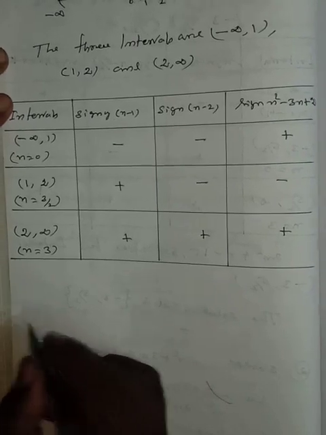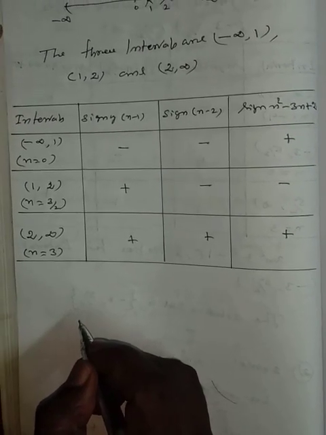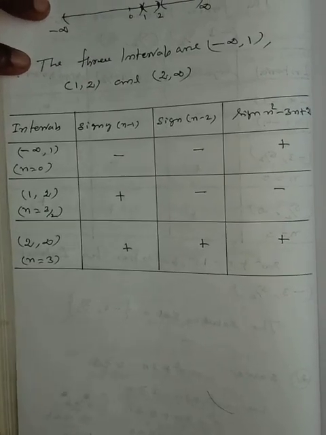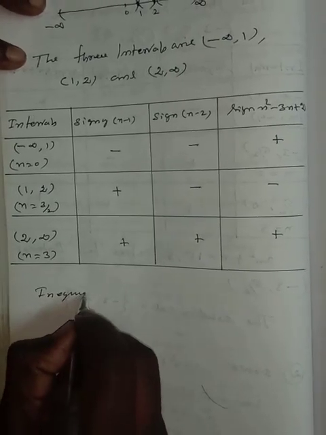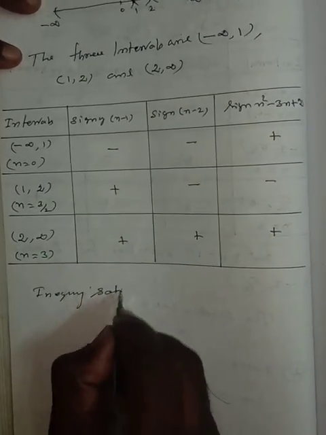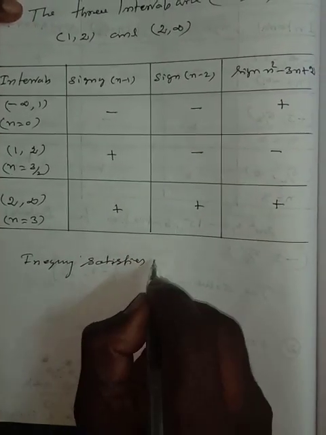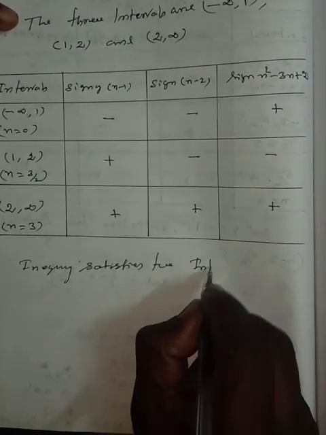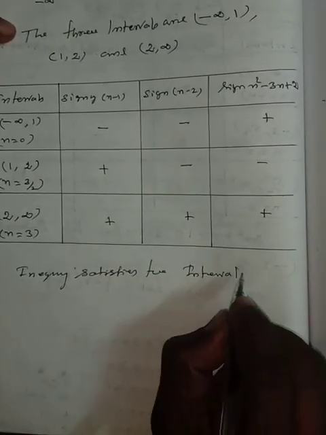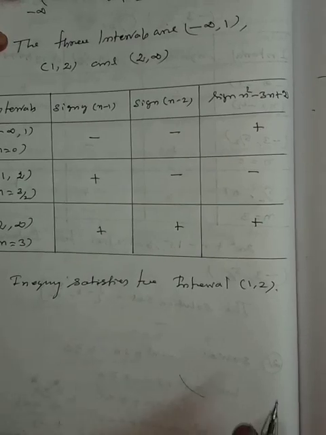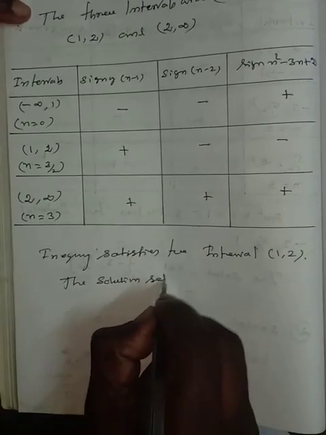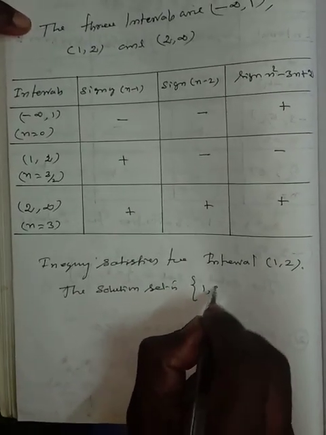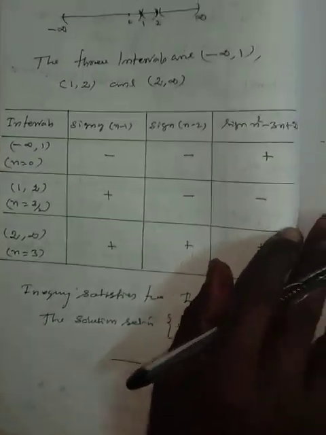Therefore, the second interval satisfies the inequality. So the solution set is 1 comma 2. Answer.